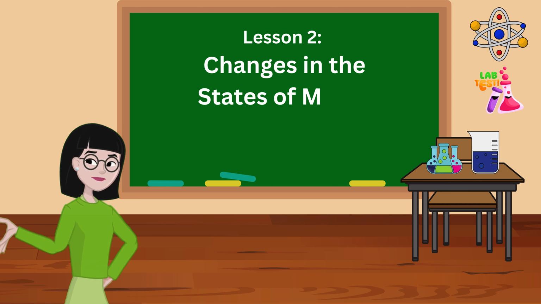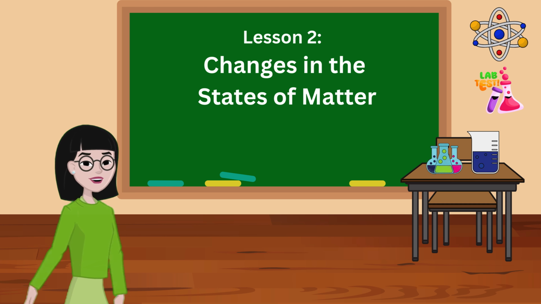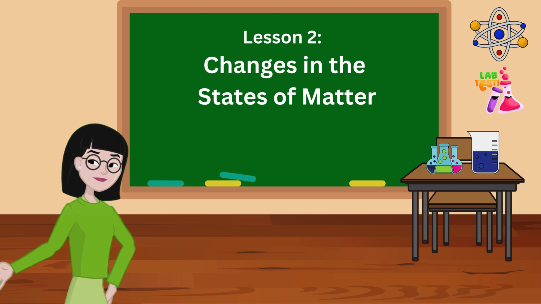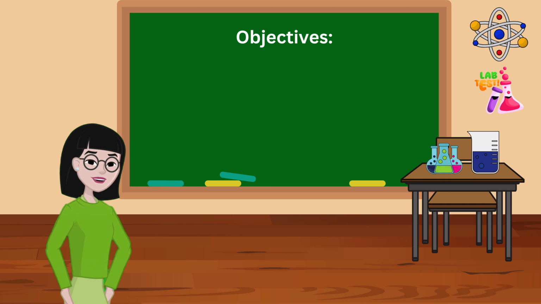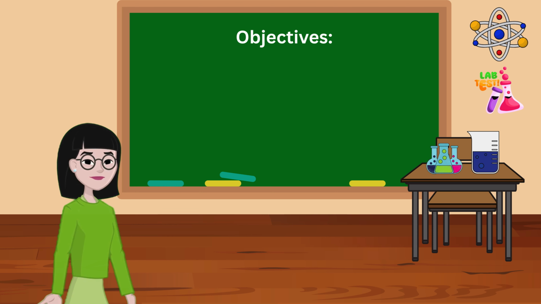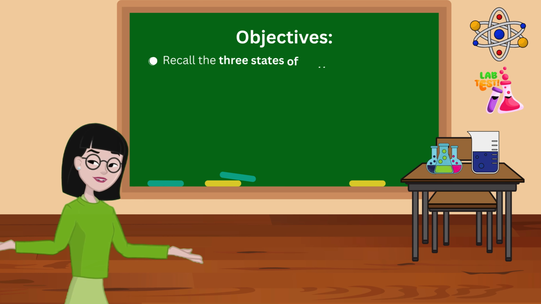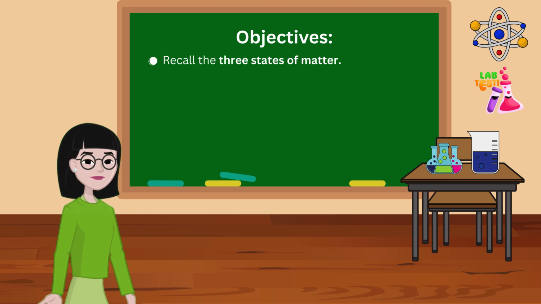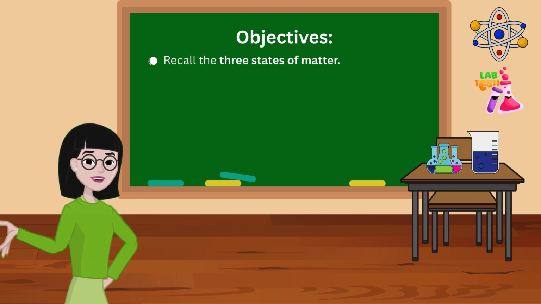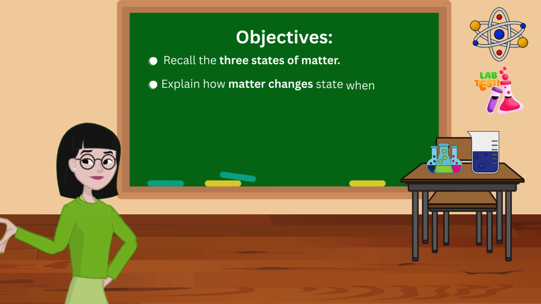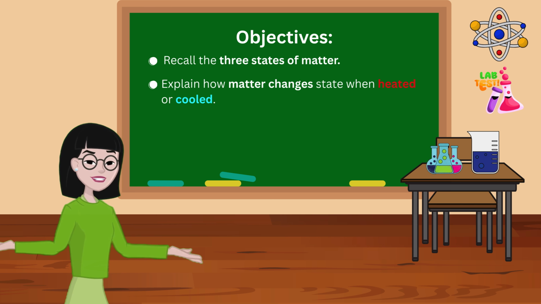Okay, class. Our next lesson is changes in the states of matter. By the end of this lesson, the pupil should be able to, first, recall the three states of matter. Second, explain how matter changes states when heated or cooled.